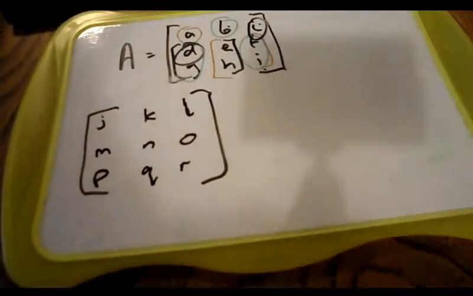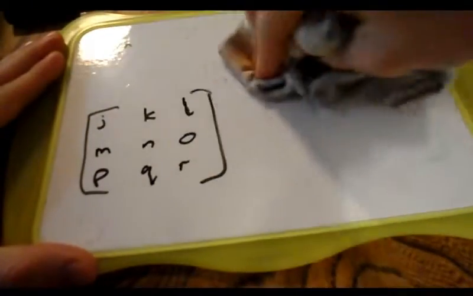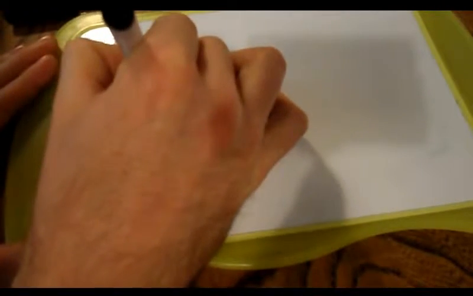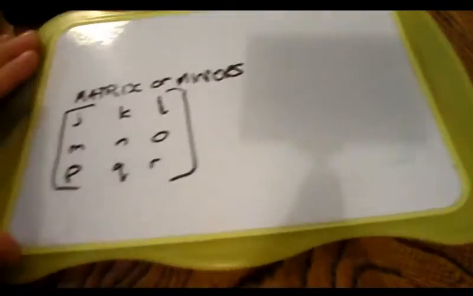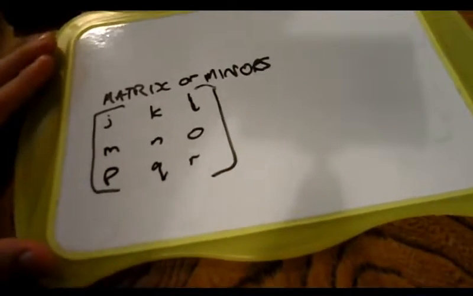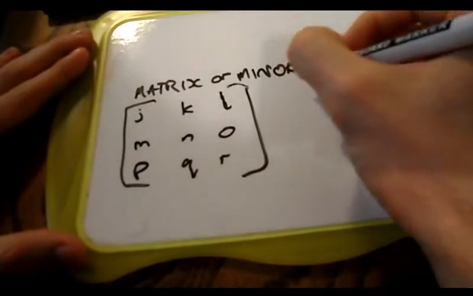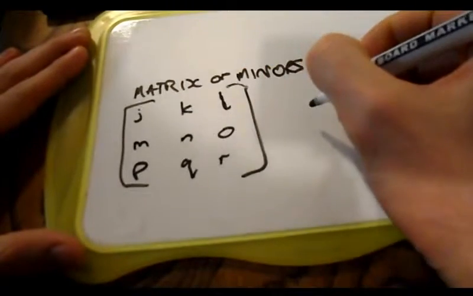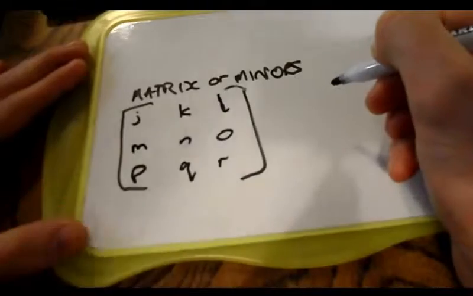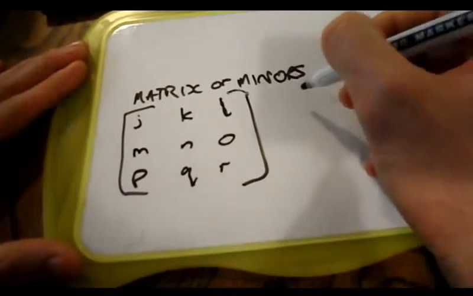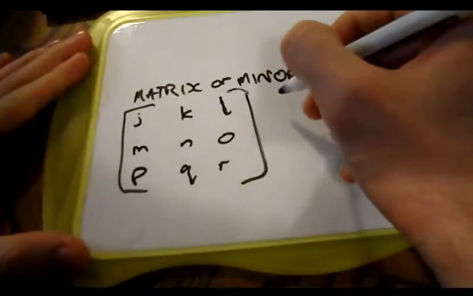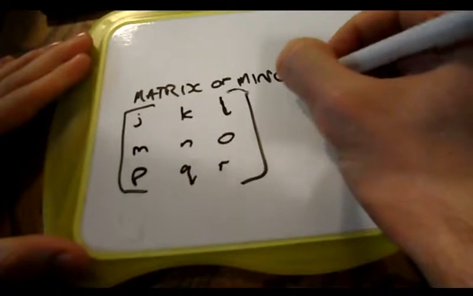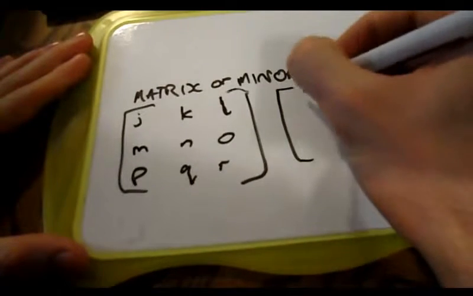So from this matrix of minors, we're going to work out something called the cofactor. So the cofactor is just multiplying this, if you like, by another matrix. Well, not multiplying it, we're going to change the signs depending on this kind of pseudo matrix.